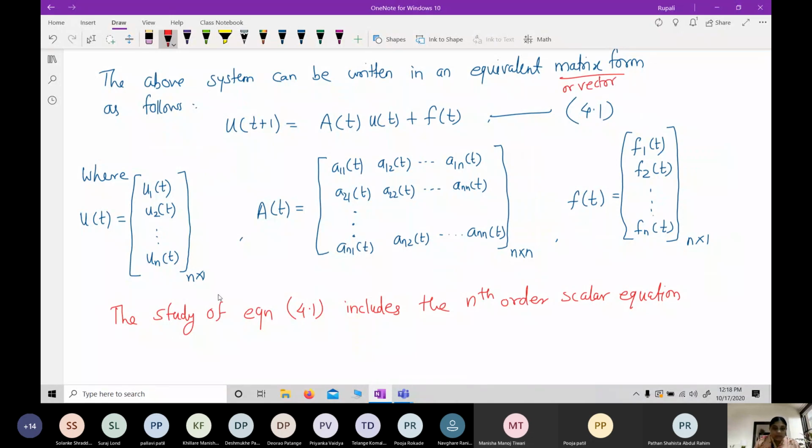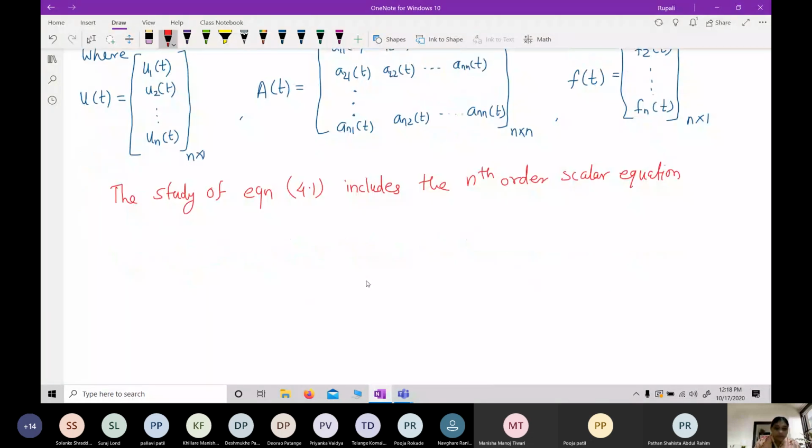So the study of equation 4.1 includes nth order scalar equation, which we already studied, pn t y at t plus n plus p n minus 1 of t y at t plus n minus 1 and so on, p0 t y at t is equal to r of t, number 4.2, as a special case.